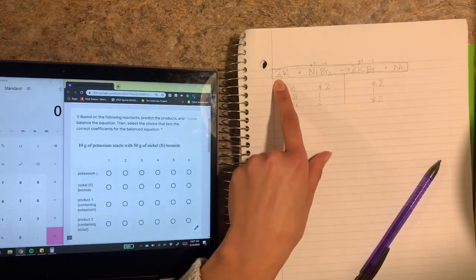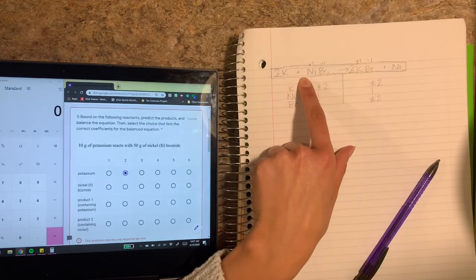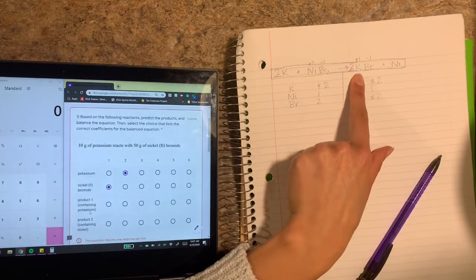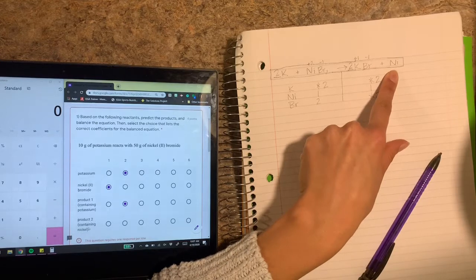The coefficient is a 2, so I'm just going to click on the 2 for the potassium. Nickel II bromide does not have a coefficient, so that is going to receive a 1. The first product containing potassium is going to get a 2 because there's a coefficient of 2 in front of it. And then the second product containing nickel, that has a 1.